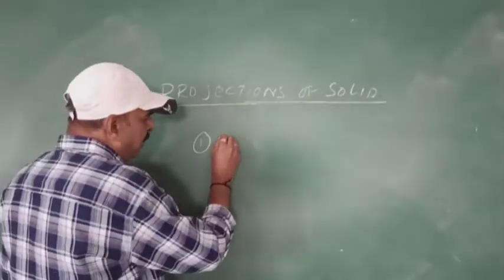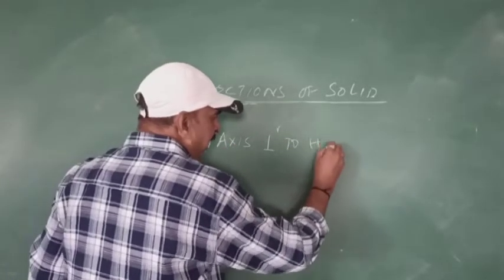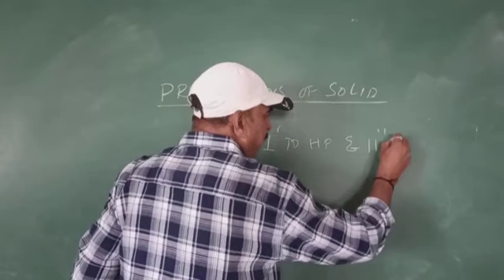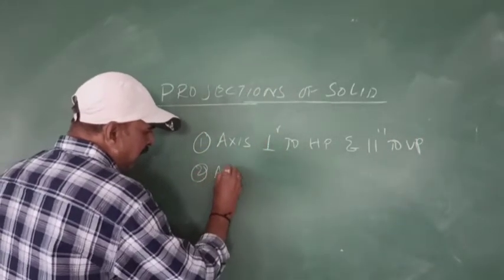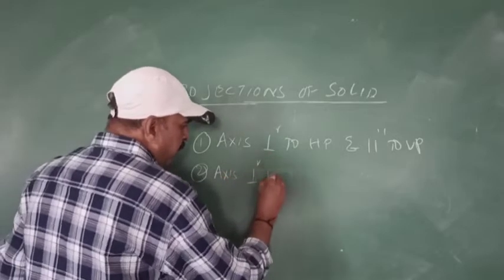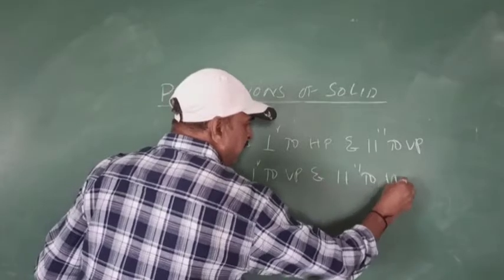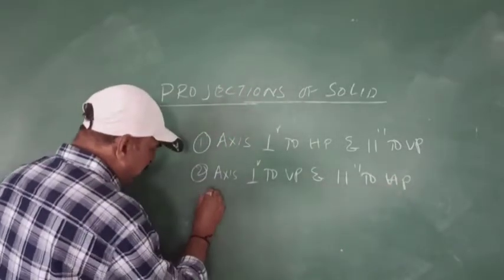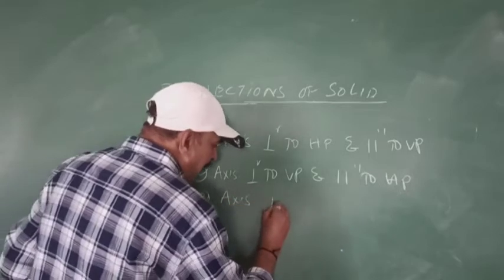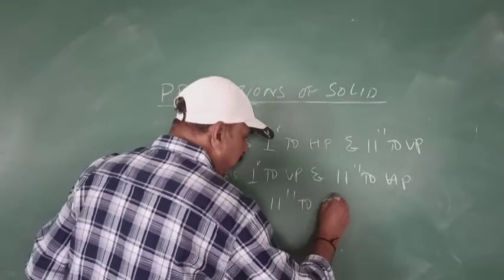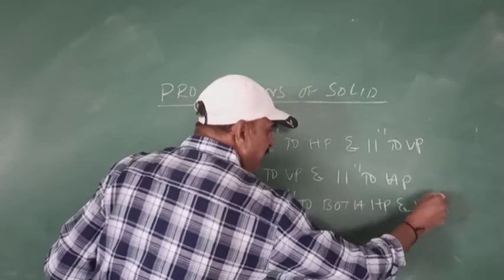to obtain the projections? The first one is axis perpendicular to HP and at the same time parallel to VP. Second one, axis perpendicular to VP and parallel to HP. Third position, axis parallel to both HP and VP.